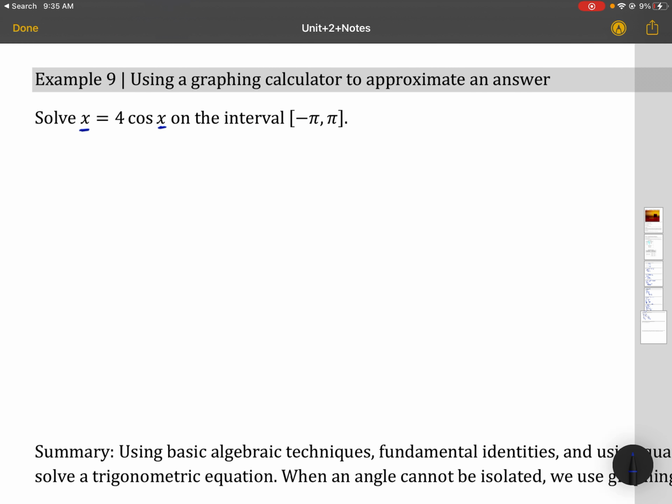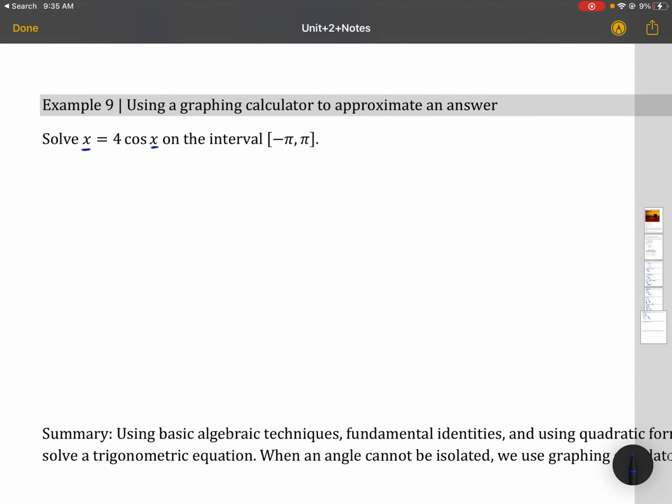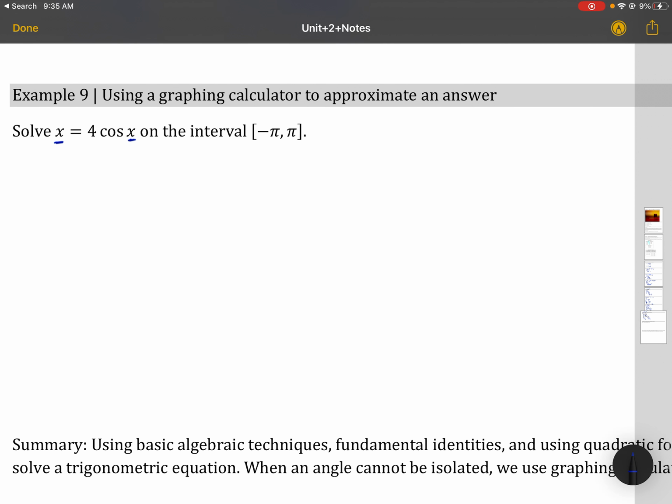When that happens, the easiest thing to do is use a graphing utility to solve this. So the only thing that we need to do is put this in the form where it equals 0. So we're just going to have x minus 4 cosine x equals 0.